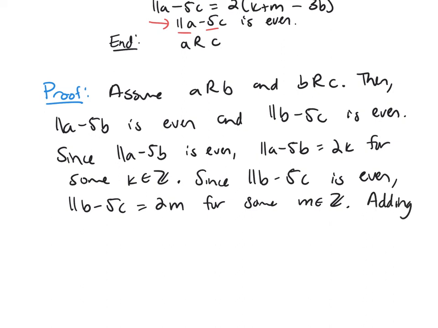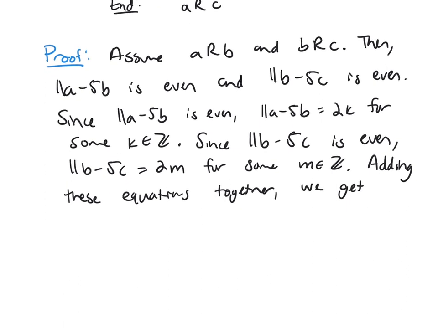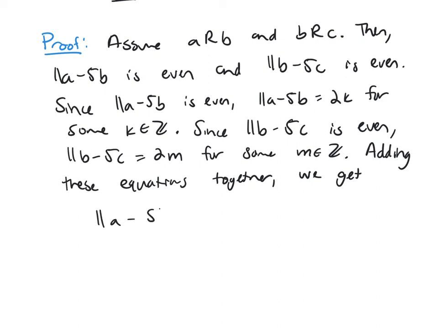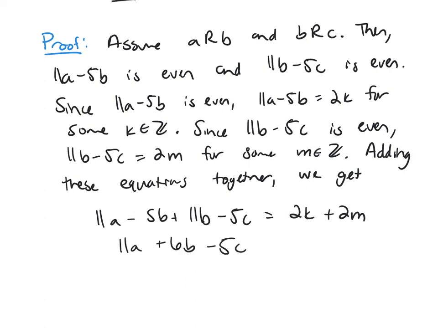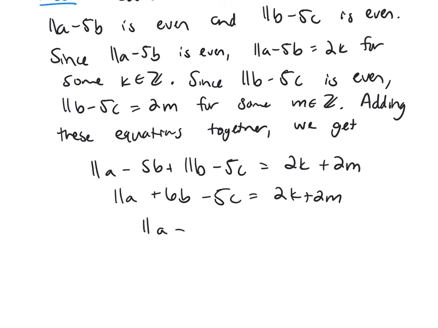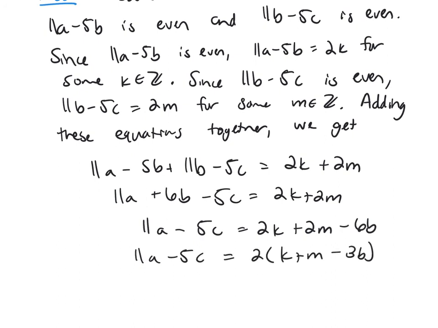Adding these equations together, we get 11A minus 5B plus 11B minus 5C equals 2K plus 2M. 11A plus 6B minus 5C equals 2K plus 2M. 11A minus 5C equals 2K plus 2M minus 6B, and 11A minus 5C equals 2 times K plus M minus 3B.